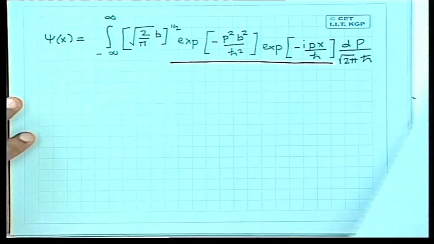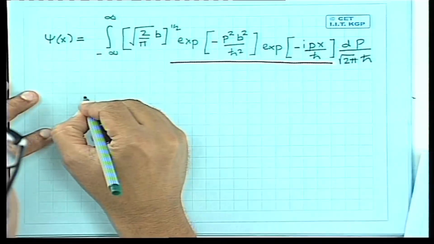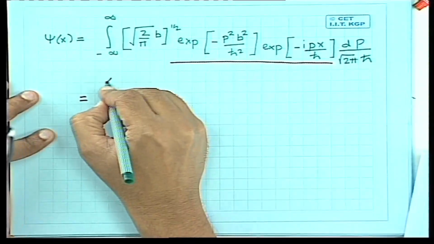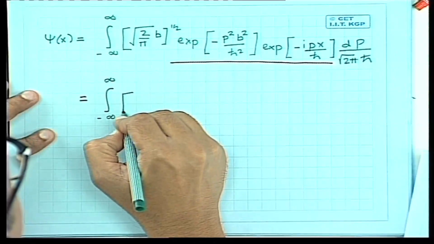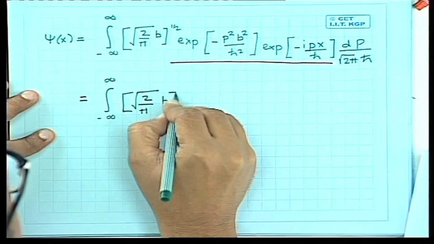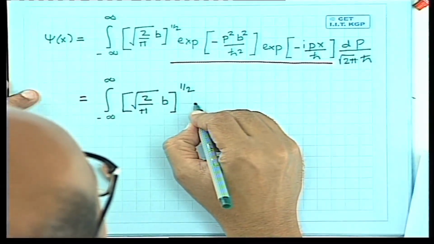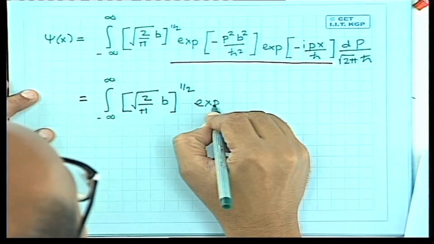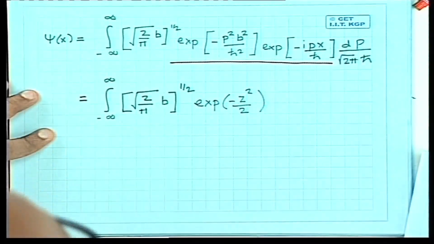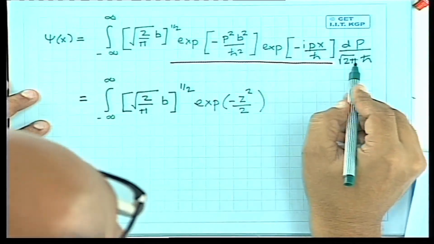So using these into this, we get this is equal to the integral from minus infinity to infinity. Let us put the dp by square root of 2 pi h cross.